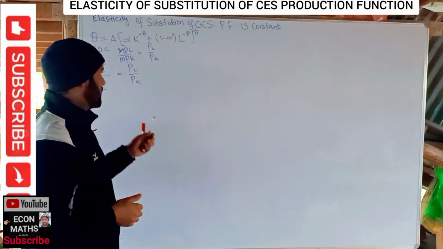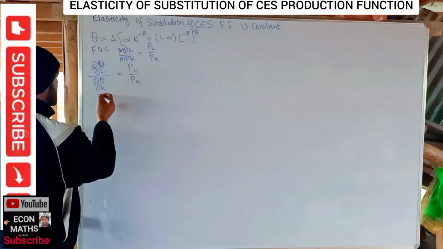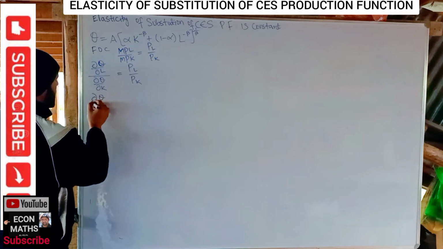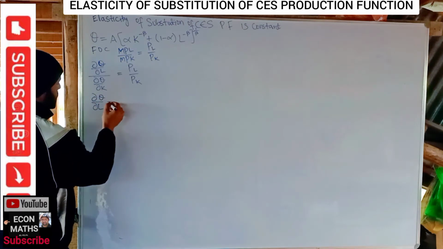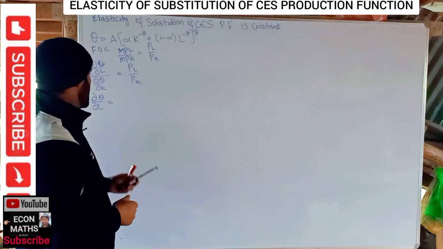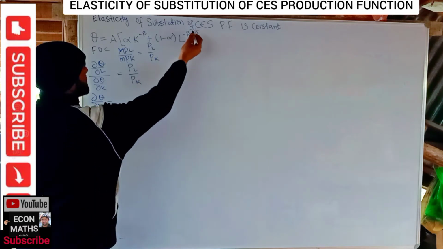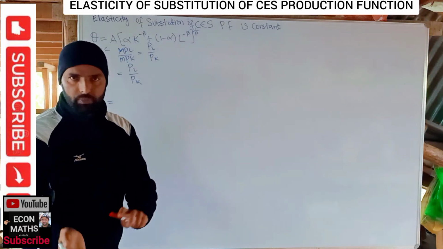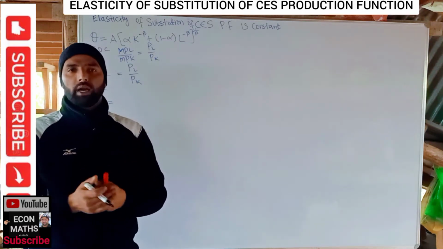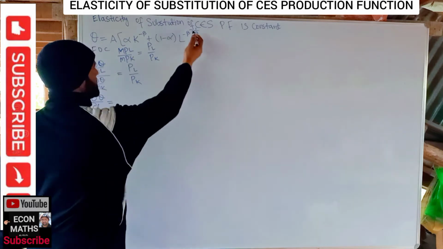We will derive the marginal productivity of labor, that is dQ divided by dL. We have to differentiate partially this production function with respect to L. Now, as we know, this -1/β will become the coefficient, because by the generalized power function rule of differentiation, this becomes the coefficient.